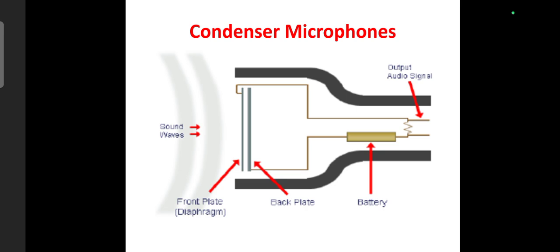This varying capacitance is converted into an electrical signal. Since condenser microphones are extremely sensitive, they produce very clear and accurate sound. They are widely used in recording studios, podcasts, broadcasting stations, and professional music production. Unlike dynamic microphones, condenser microphones usually require an external power source like phantom power.